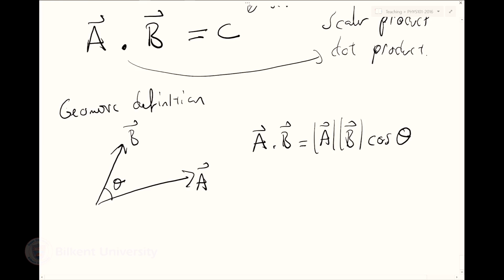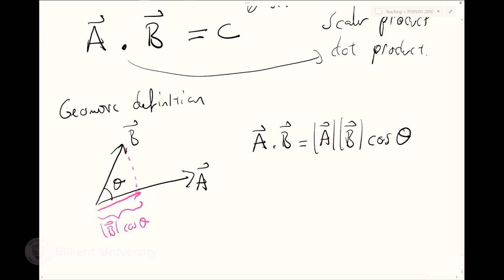And really, think about the following. If I take a projection of B onto A, what is the length of this projection? It's going to be B magnitude cosine theta.